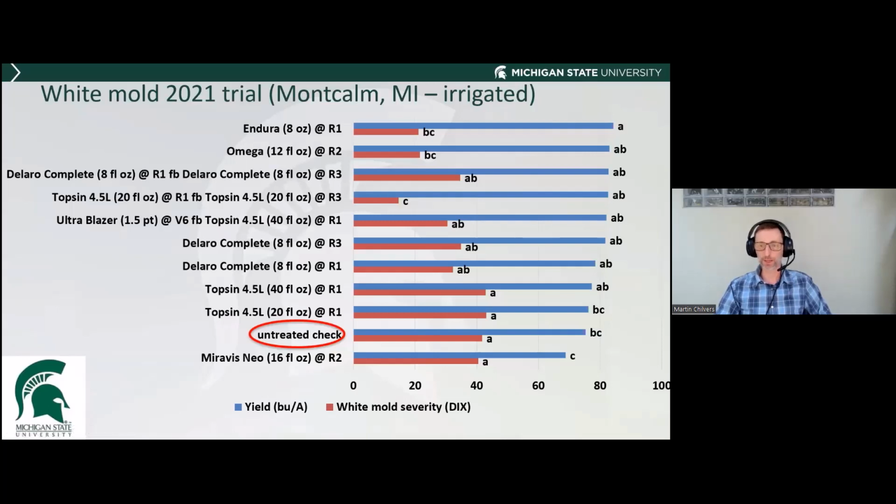That tends to provide the best performance for white mold suppression. But then we have a number of other products there that you can see listed, such as Omega and others. In blue there is the yield value, and in red we're showing the amount of white mold disease severity. We'll take those disease severity ratings in early September when white mold is sort of peaking, and then come through obviously with the combine and take yield data to verify those results.